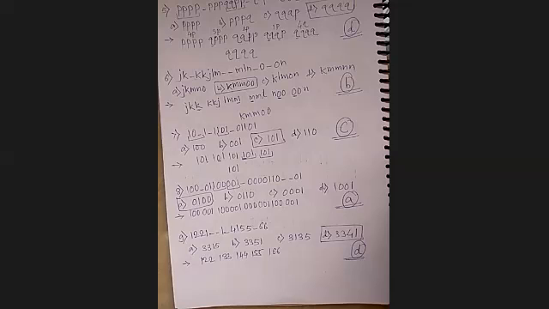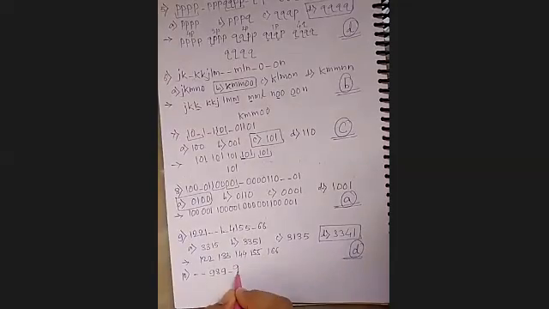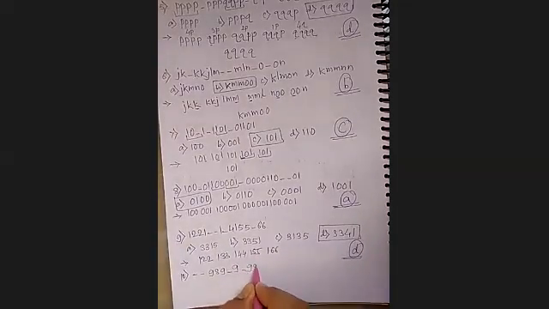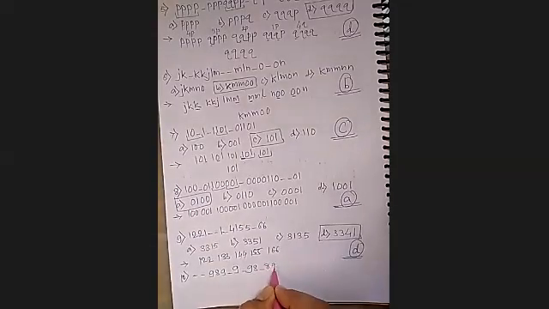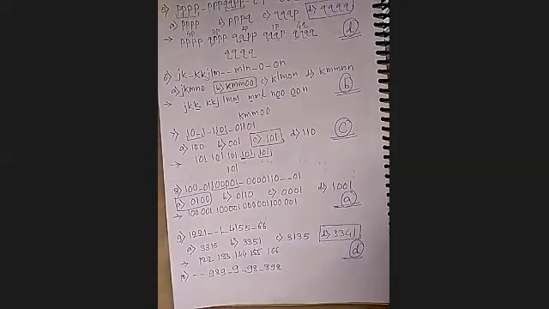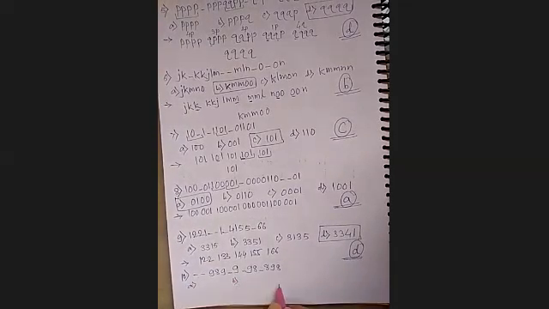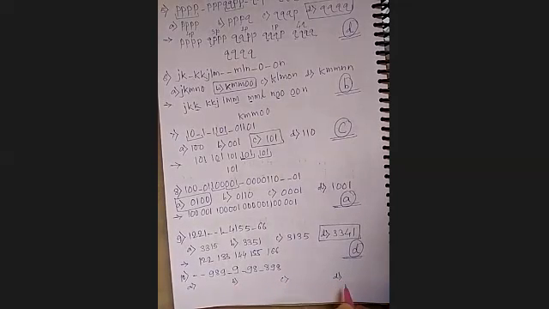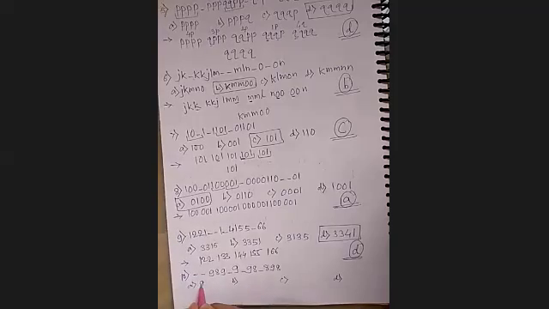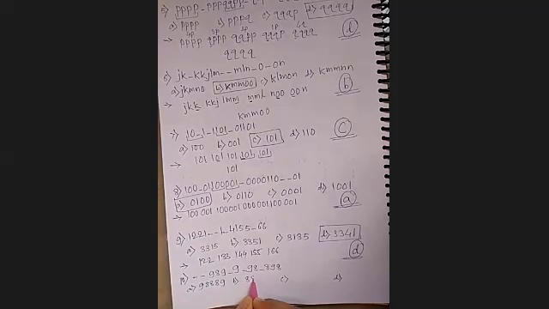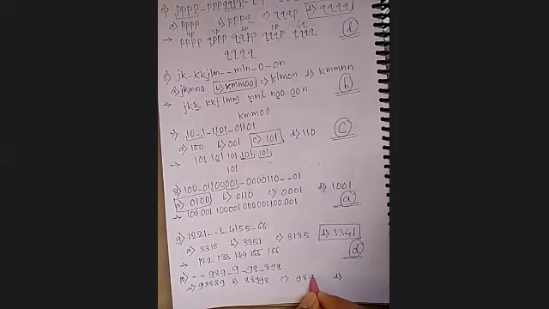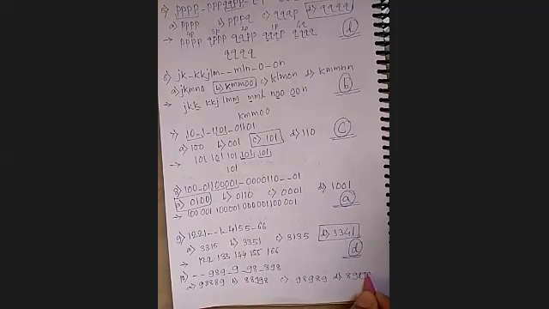Dash 989 dash 9 dash 98 dash 898, and your options are: so first option is 9 8 8 8 9 8 8 9 8 9 8 9 8 9 8 9 8 9 8.